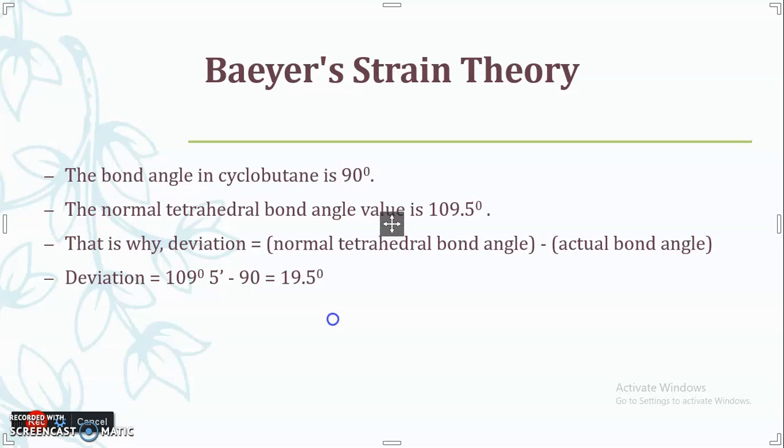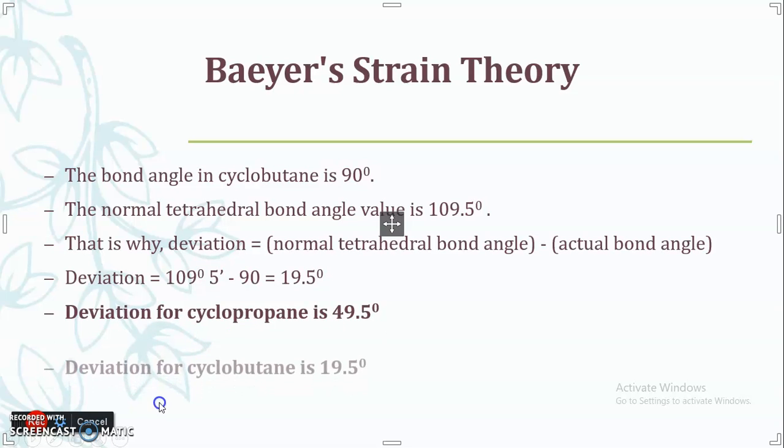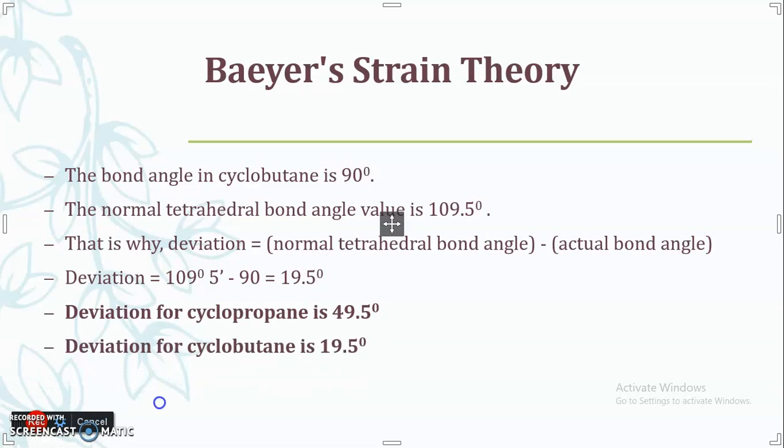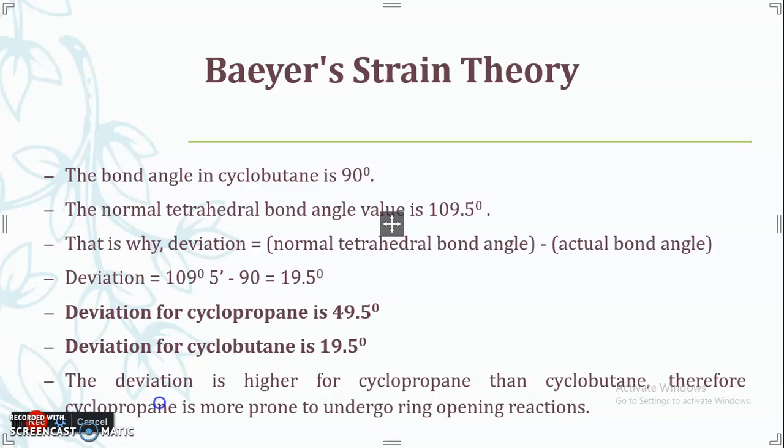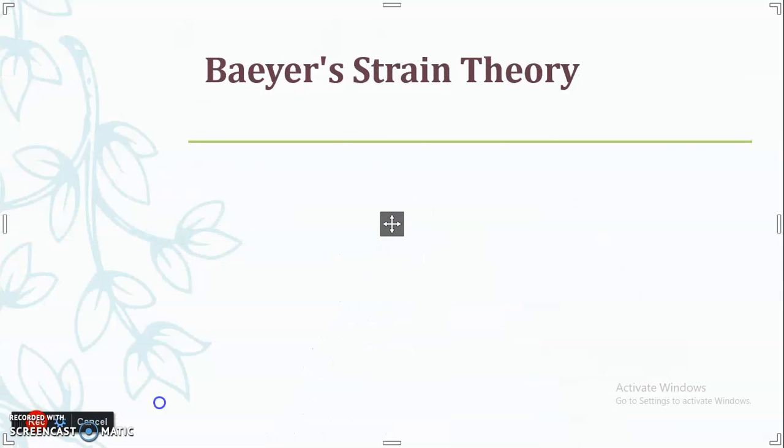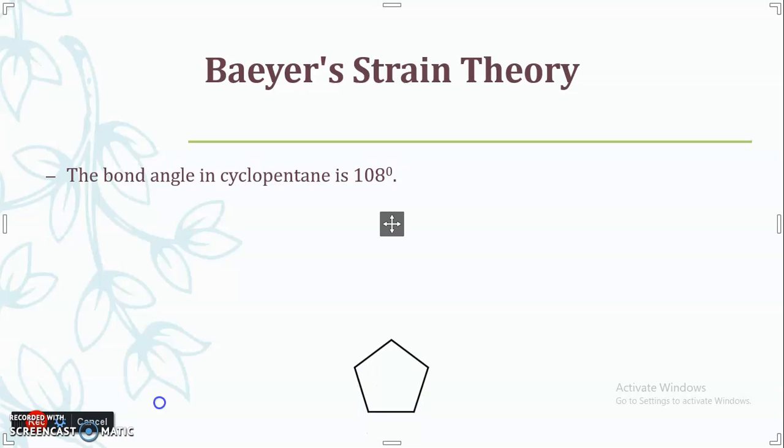Its reactivity is less compared to cyclopropane. As we know, the deviation in cyclopropane is 49.5 and the deviation in cyclobutane is 19.5. The deviation is higher for cyclopropane, and that's why cyclopropane is more prone to undergo ring opening reactions. Similarly, we can calculate it for cyclopentane, which has a bond angle of 108 degrees.